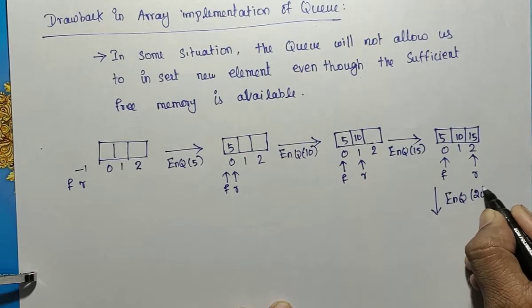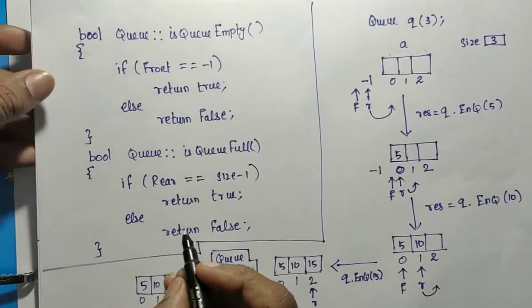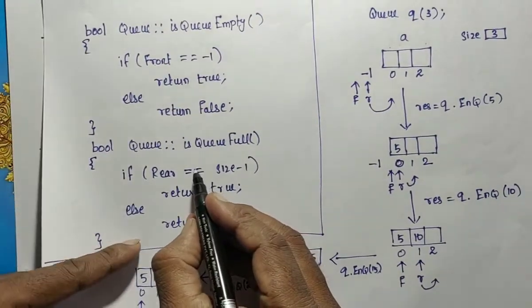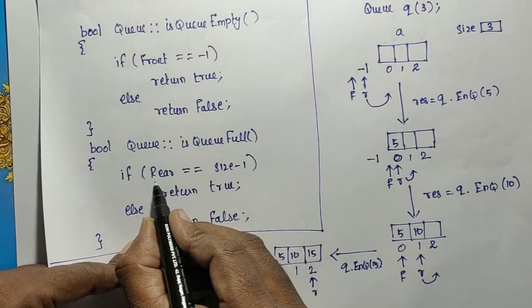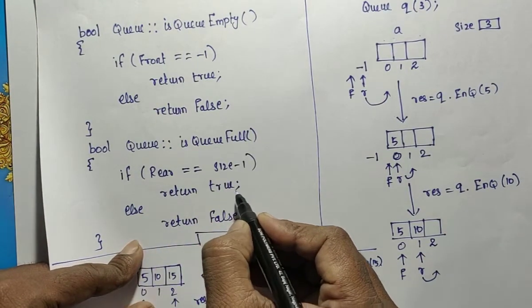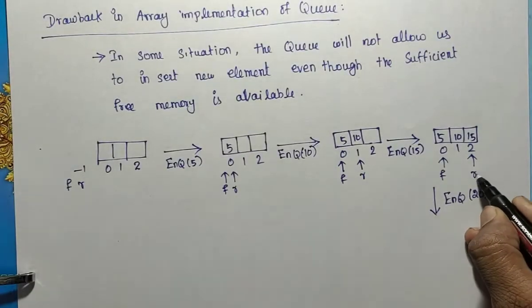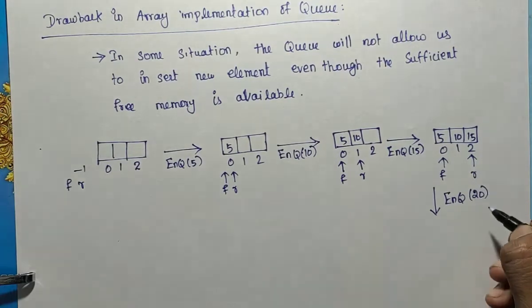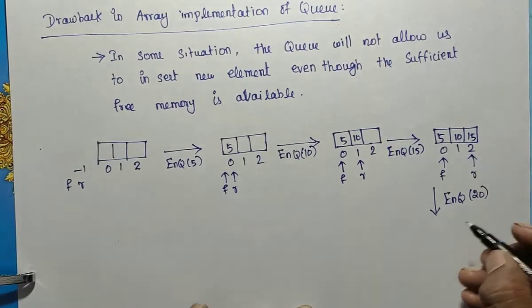At this situation, if you want to insert one more element, enqueue of 20, since in the algorithm, to check whether the queue is full or not, we check only whether the rear reached size - 1, and then we cannot insert that element. Here the rear reached size - 1, so during the insertion of 20, it will say queue overflow.